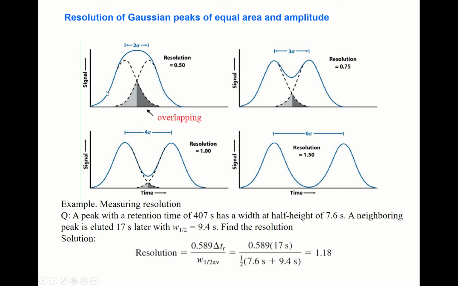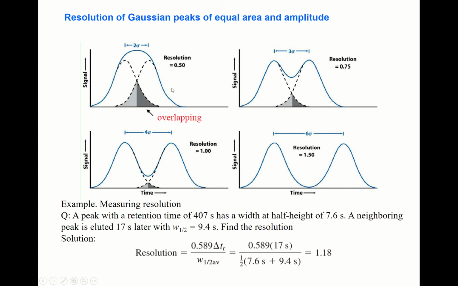The first figure gives one very round-shaped chromatogram, and you can imagine it is the sum of these two chromatograms. But with this broad chromatogram, the separation is quite poor. This resolution is just 0.5.